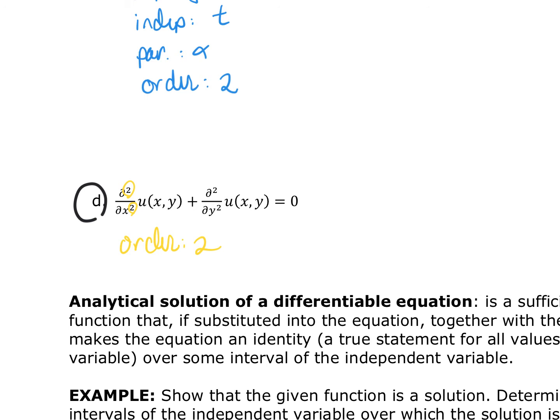Who's my independent or independents? X and Y. These are my independents right here. Who are my dependents or singular dependent?